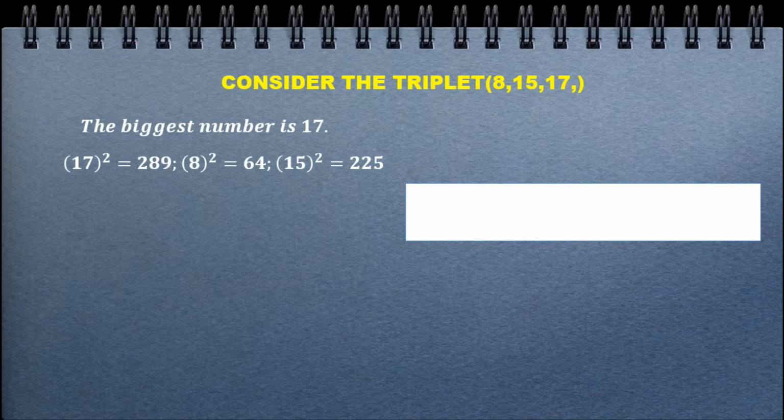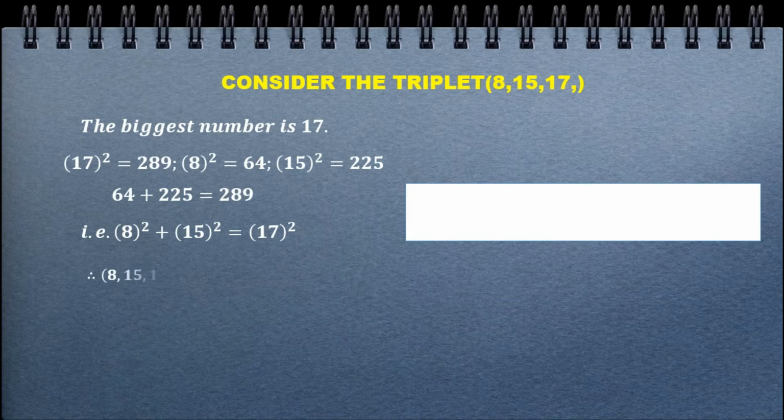So the addition of 64 and 225 is equal to 289. So you can say here that 8 square plus 15 square is equal to 17 square. Therefore we can say that 8, 15 and 17 is a Pythagorean triplet.